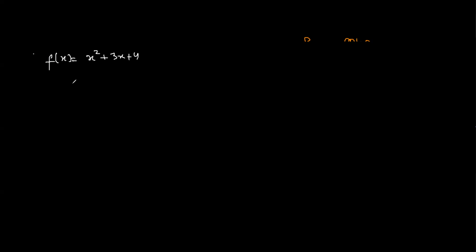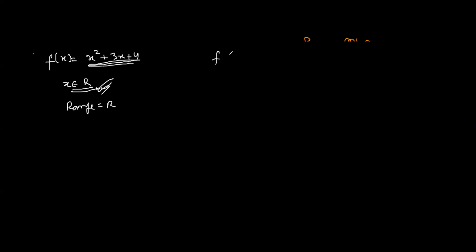You can see, you can put any value of x here, right? Because there is no restriction. So domain is what? Any real number. And range will be any real number.